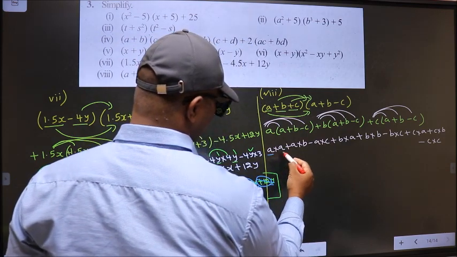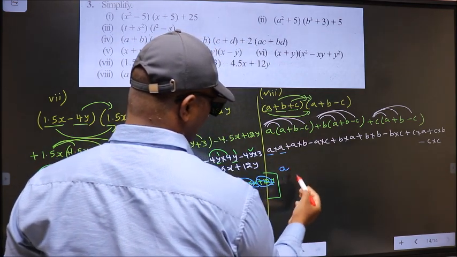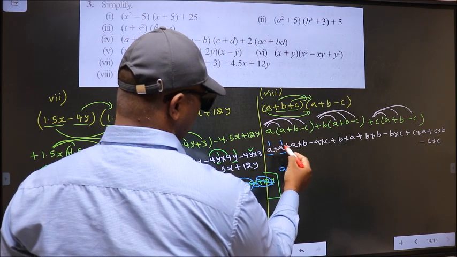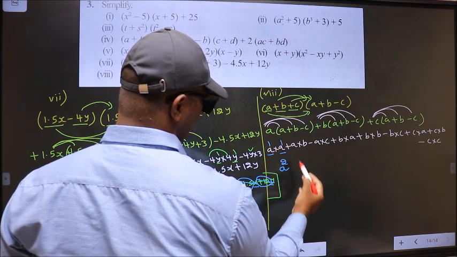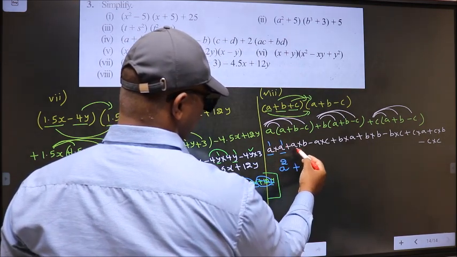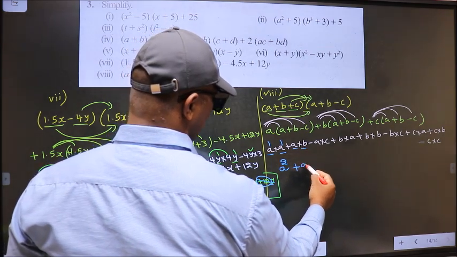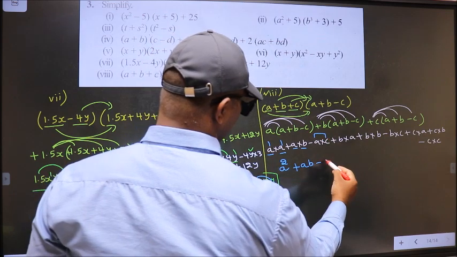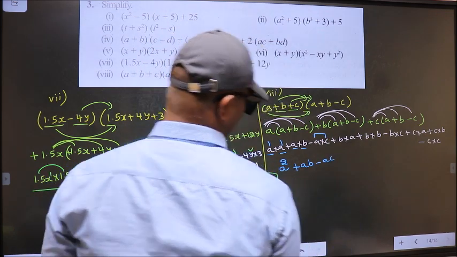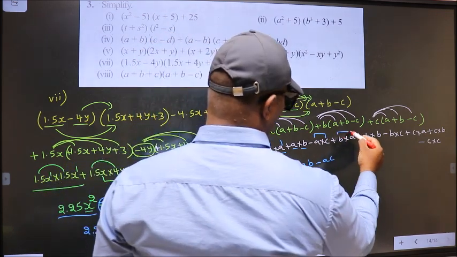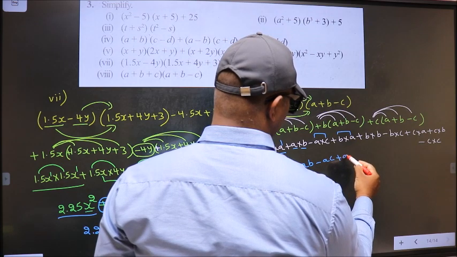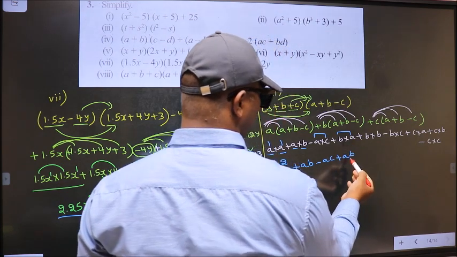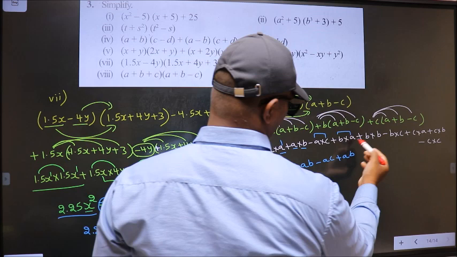Now here A, we get A power, you add the powers, 1 plus 1 we get 2. Plus, here letters are different, so as it is you write. Minus, letters are different, so as it is you write. Here also letters are different, so as it is you write. Whether BA or AB doesn't matter.